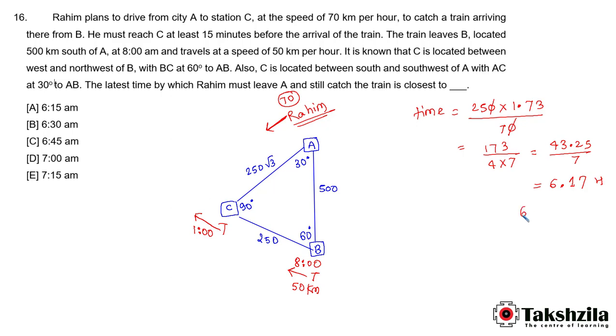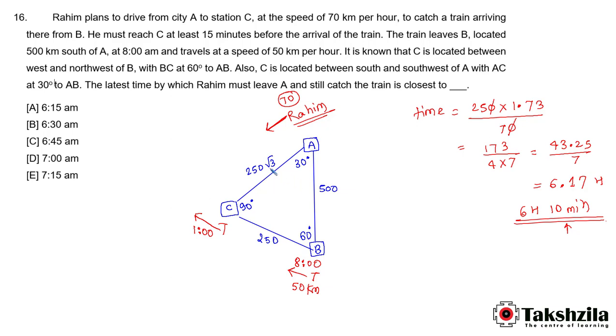It means 6 hours and 0.17 into 60, that is around 10 minutes. So Rahim requires 6 hours 10 minutes to travel this 250 root 3 distance.